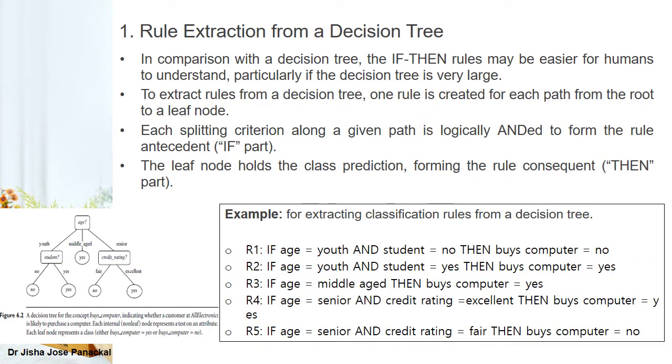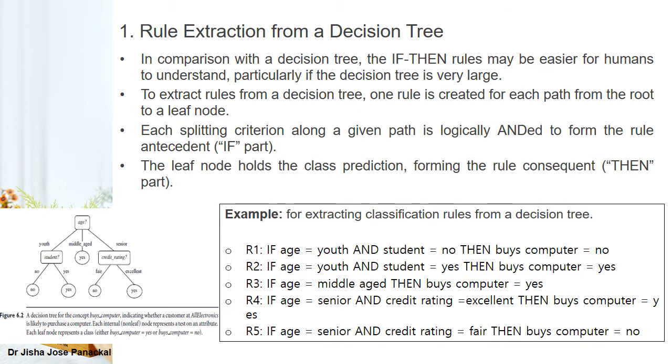We have seen there are two methods for generating rules. The first one is rule extraction from a decision tree. We are familiar with a decision tree as shown here and how we can represent rules using if-then format. In comparison with a decision tree, the if-then rules may be easier for humans to understand, particularly if the decision tree is very large.